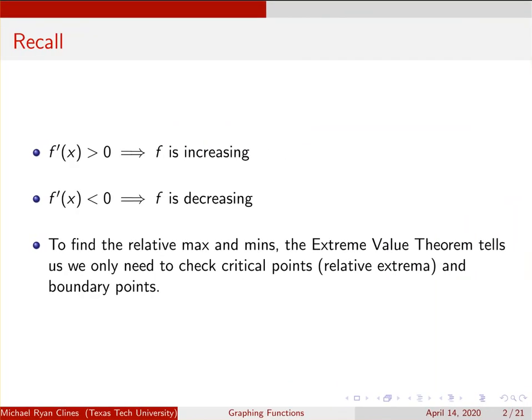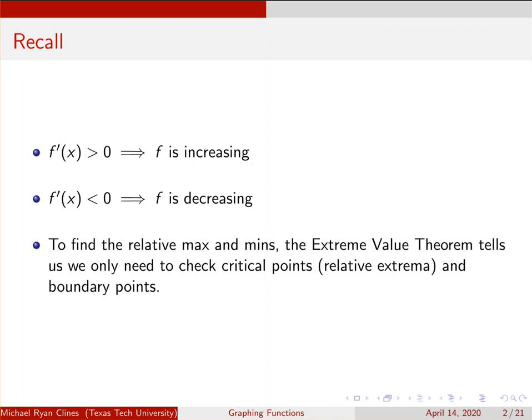So recall these facts. If the derivative of f with respect to x is greater than 0, that means f is increasing at that point. So calculate the derivative, plug in a point. If it's positive, then f is increasing. If you have a little trouble with that, think about what it means in terms of tangent lines.